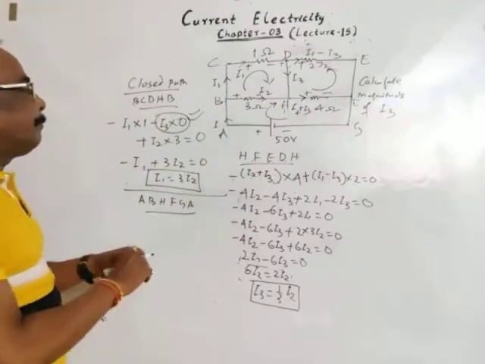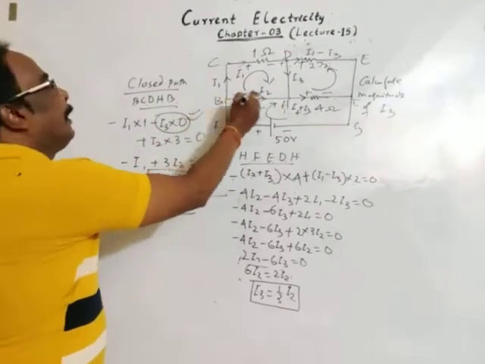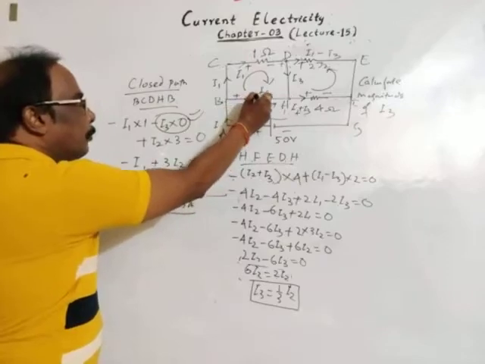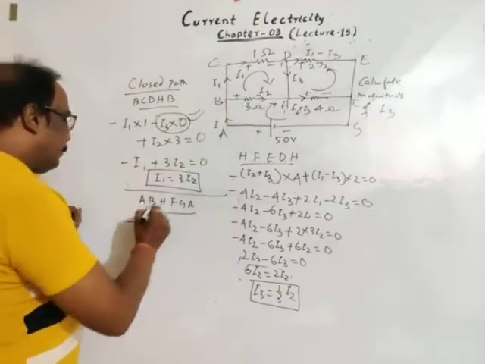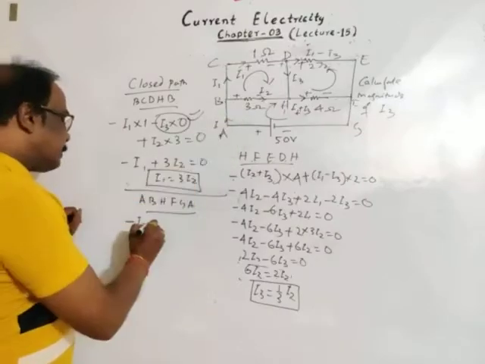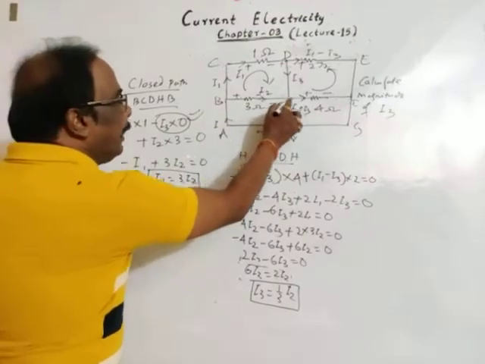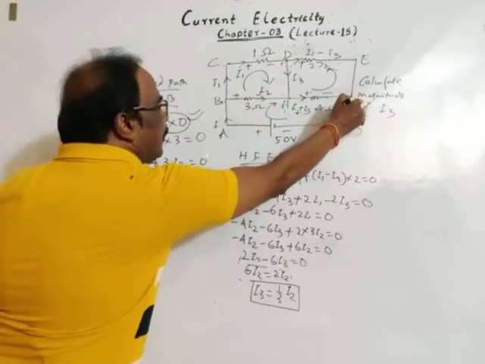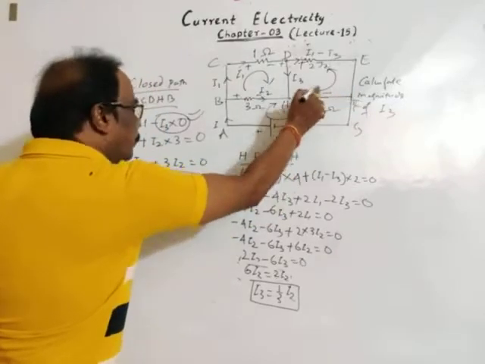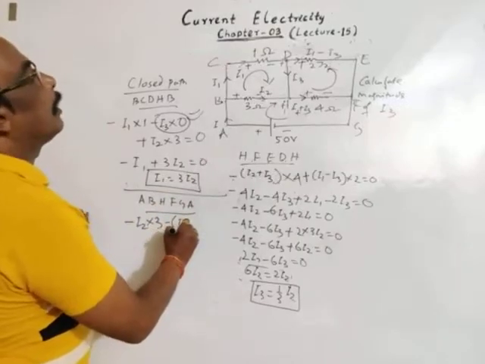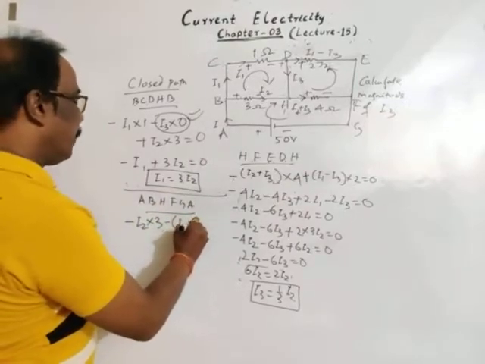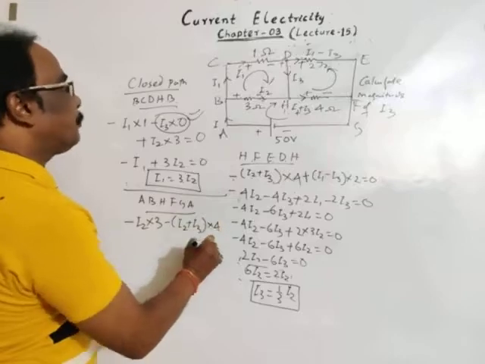Then from A to B, there is no load. From B to H, high potential to low potential, current is I2, minus, high to low, resistance is 3 ohm. Then from H to F, again from high to low, minus, current is I2 plus I3, resistance is 4.